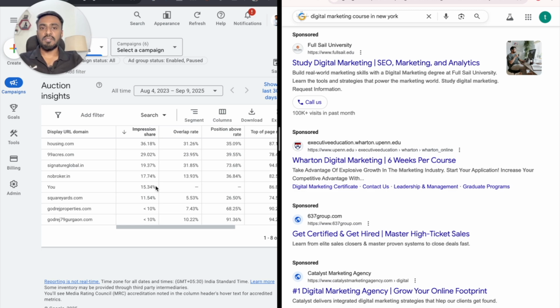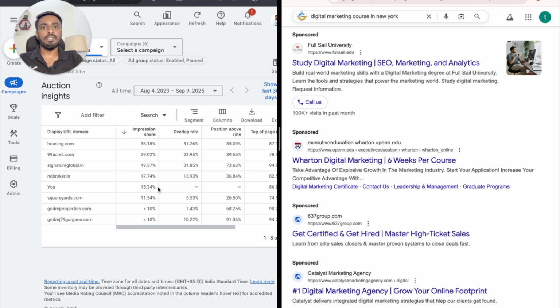Okay, so whenever you see the impression share is really low, it means that your budget is actually really low, and you're not able to show the ads to the people who are actually searching for it, because you're consuming your budget within a few hours. For example, say you are spending $1000 for your ad in a day, but 10,000 people are searching in a day, and for each click the CPC is 10.